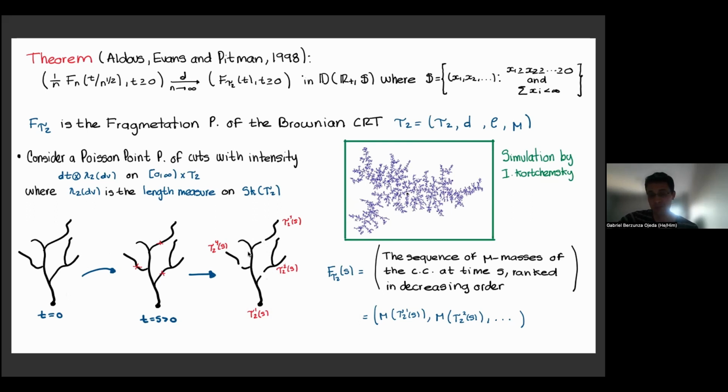Then for every fixed time s, you look at the sequence of sizes, in this case the mu-masses, of these connected components, and you rank it in decreasing order. Here we use this mass measure mu, which comes with the continuum random tree, to define the sizes of the connected components, since we cannot count vertices on the continuum. Okay, so this is the process we get at the limit for this discrete fragmentation.